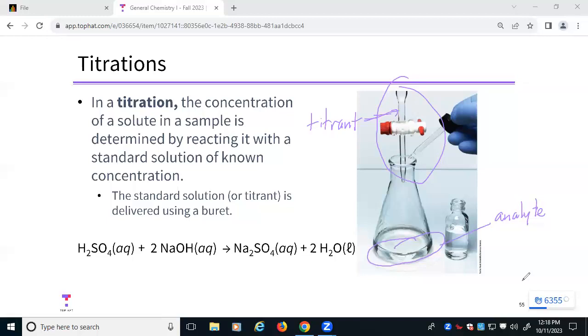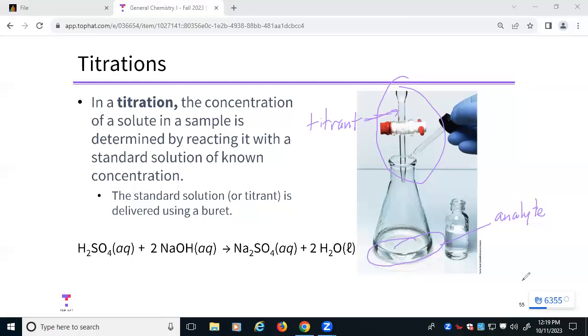The problem we run into is this. Sulfuric acid, any acid for that matter, clear and colorless. Most bases, clear and colorless. The products of their reactions, most of the time, we usually have water, which we know is clear and colorless, and we have some sort of dissolved salt that is also, you guessed it, clear and colorless.